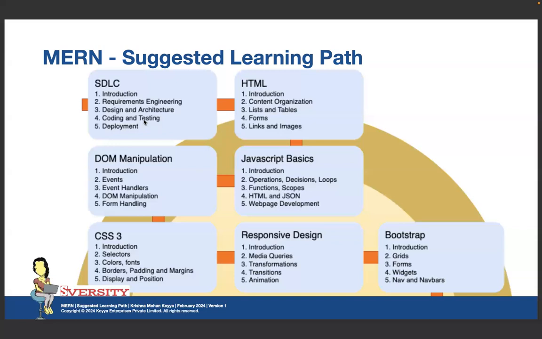You need to know a few things about each of these areas. And finally, deployment: how do you actually deploy, using server deployment or new-age techniques like containerization and container deployment. So these are all things you need to have a bird's-eye view of.